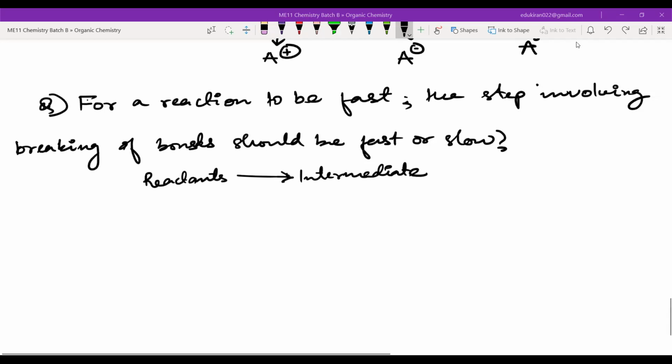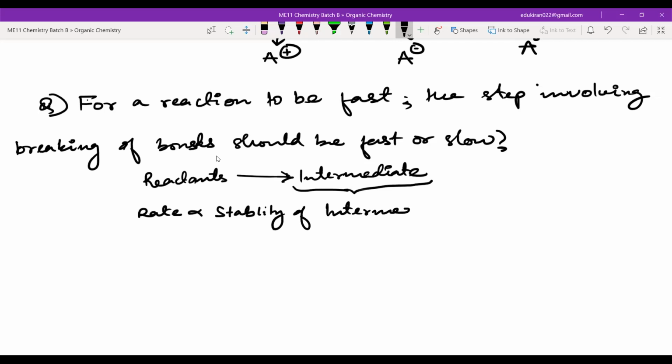Non-intuitive. Okay. Listen, if this particular reaction is going to be fast, then relatively speaking, the rate of this reaction will be directly proportional to the stability of the intermediate.